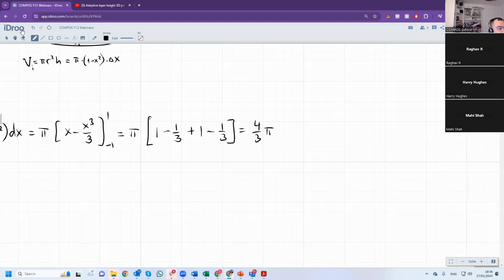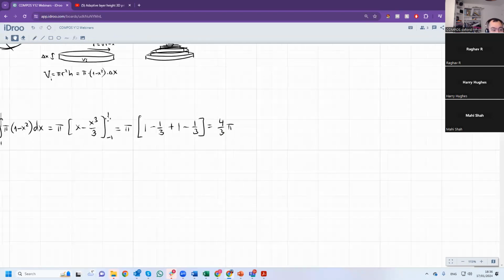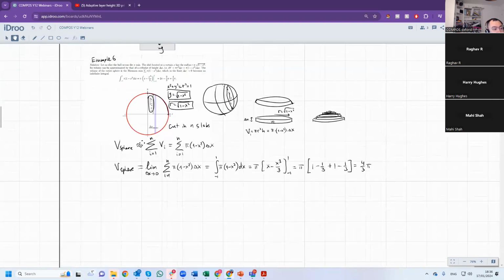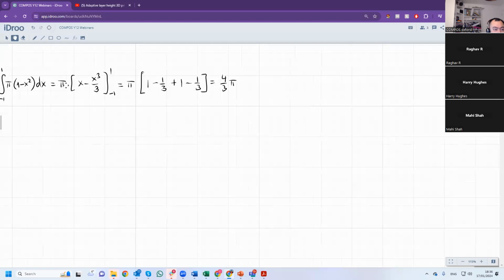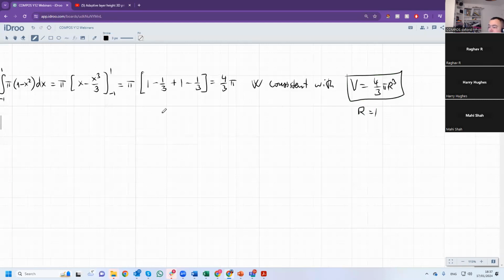And indeed, the volume of a sphere is 4/3 pi r cubed, which is consistent with the formula. This is consistent with V equals 4/3 pi r cubed, because r equals 1.